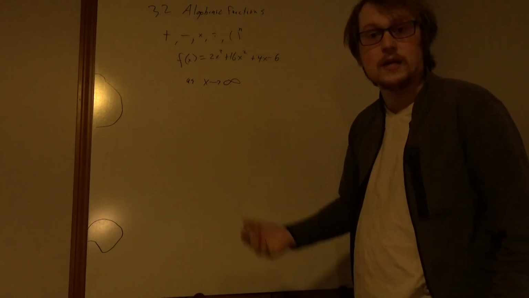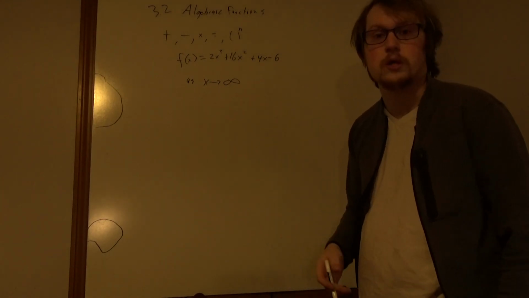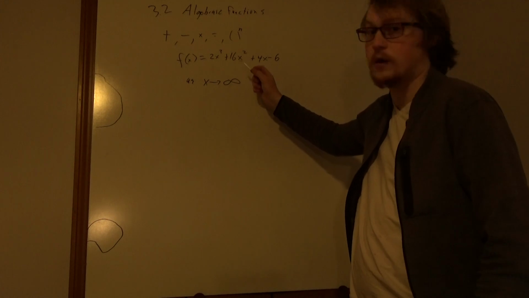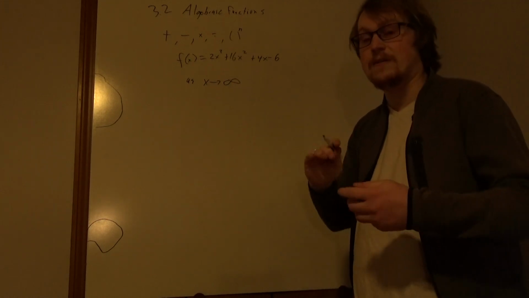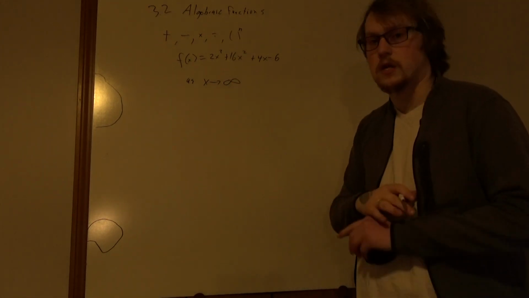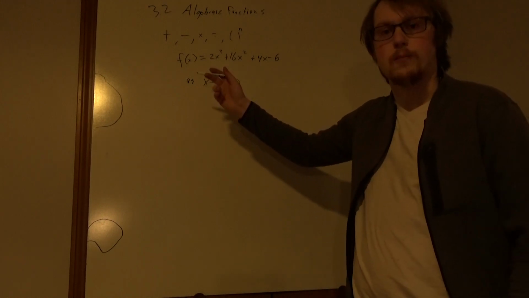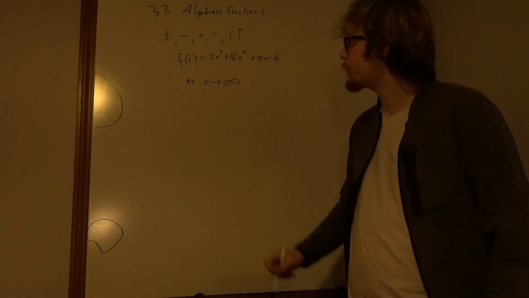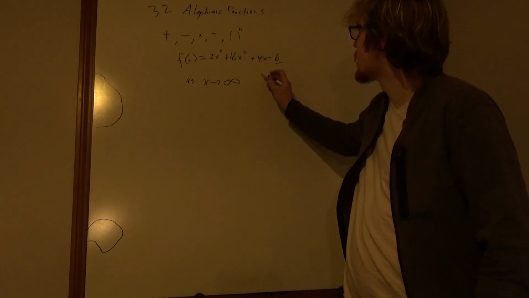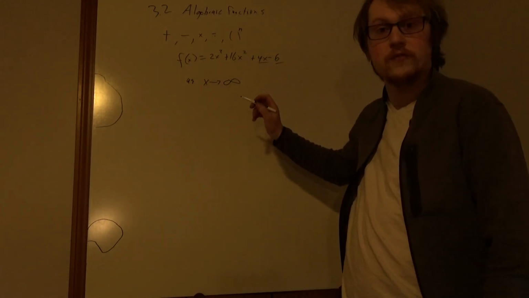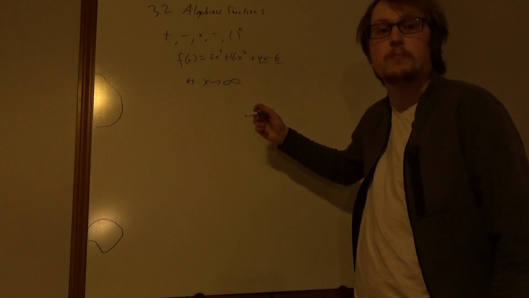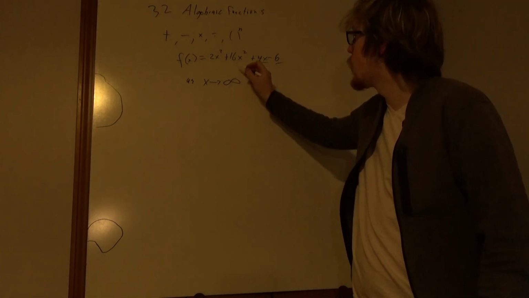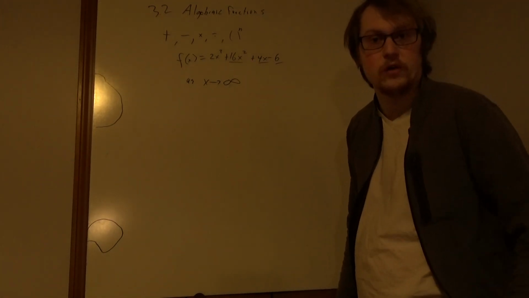So, again, it's like the difference between 200 trillion and 200 trillion and 1,000. Even though 1,000 is a fairly big number, it's nothing compared to these other numbers. So, as x gets closer and closer to infinity, this term becomes insignificant, this term becomes insignificant, and in fact, if we keep going bigger and bigger, we will reach a point where even this term becomes insignificant.